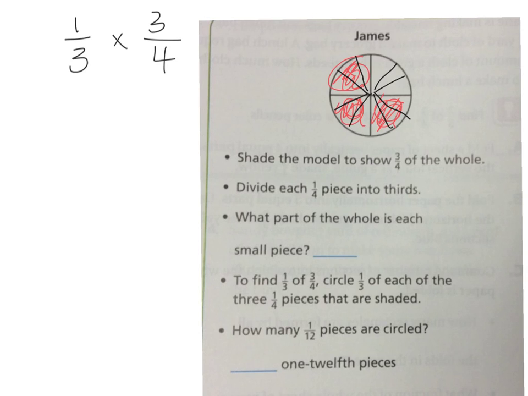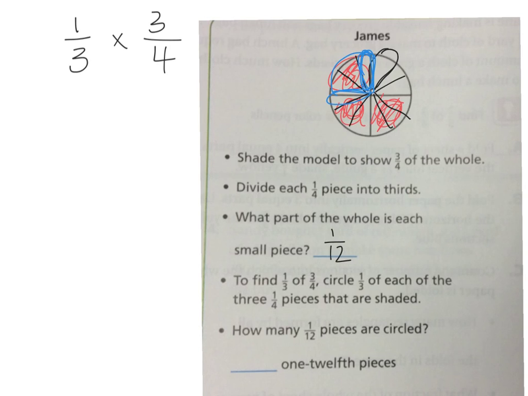Okay. Now, how many total pieces of that circle are there now? What part of the whole is each small piece? Yeah, it's 1/12. It's 1 out of 12 total small pieces. Now to find 1/3 of 3/4, circle 1/3 of each of the 1/4 pieces. So in this 1/4 quadrant, let's circle 1/3 of those right here.